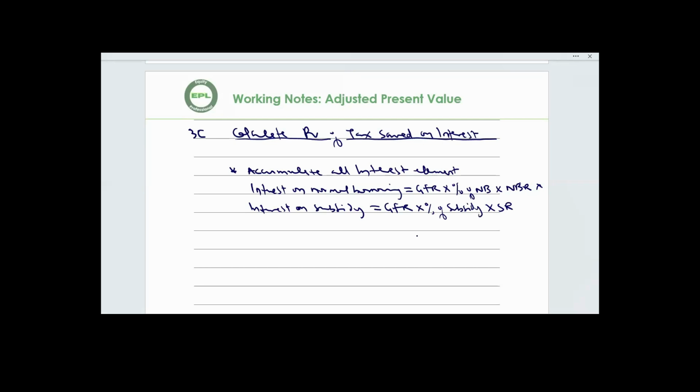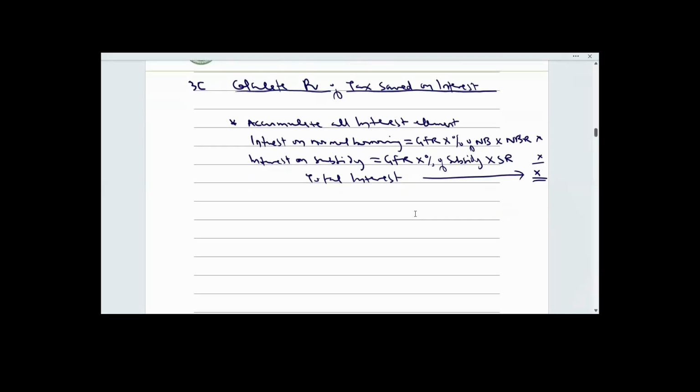So you add the two of them together. That will give you the total interest. So that total interest is your first step. You accumulate all interest elements.